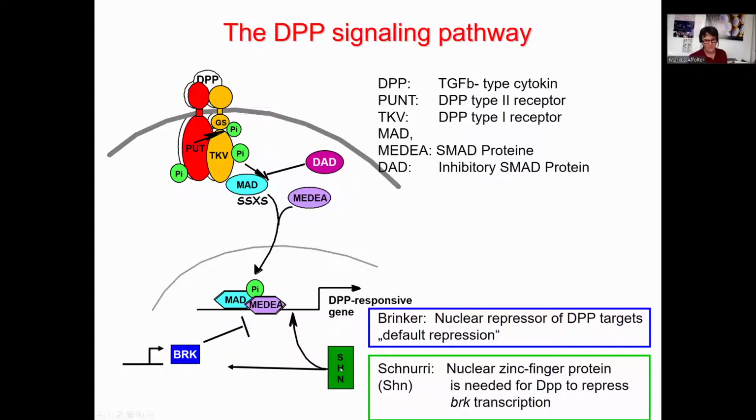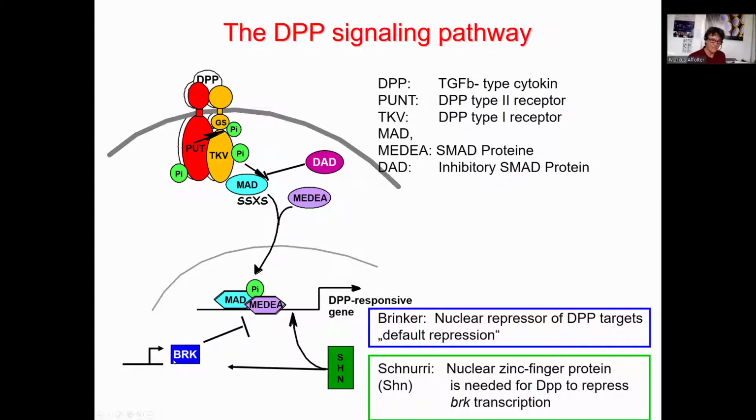We worked 5 years on Schnurri, a very long protein, to find out what it does. We didn't get anywhere. And then at one point, there were 2 Cell papers that came out where people described a gene called Brinker. This Brinker is transcribed everywhere, but as soon as you activate DPP signaling, the Brinker gene is repressed.